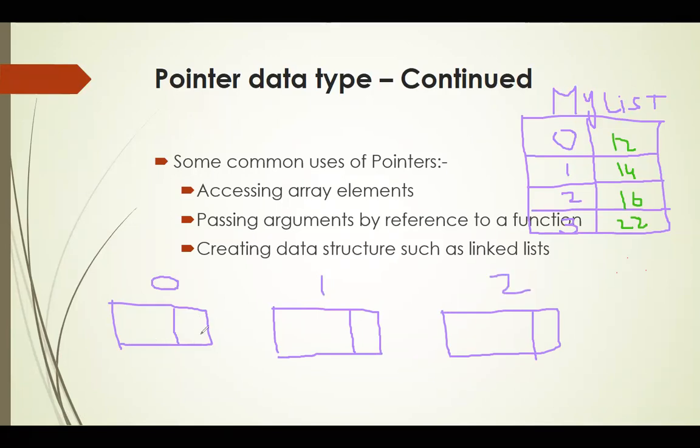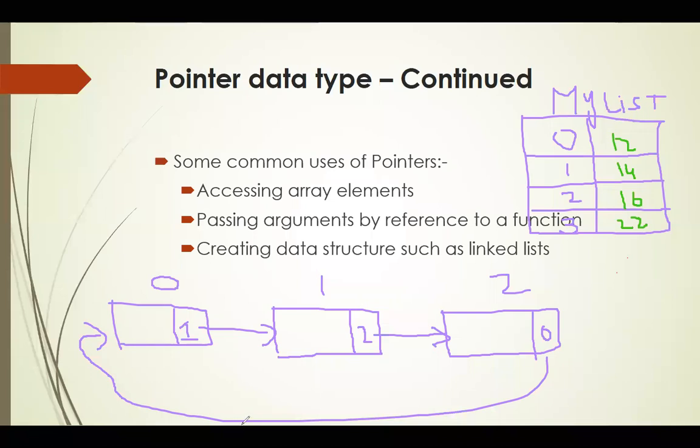And this little part is the pointer area of the linked list. So node 0 is pointing to node 1, and node 1 is pointing to node 2, and node 2 is pointing again back to 0. So what they are doing is they are essentially pointing to some other nodes. And the last node is again pointing to the first one. So this is called circular linked list.